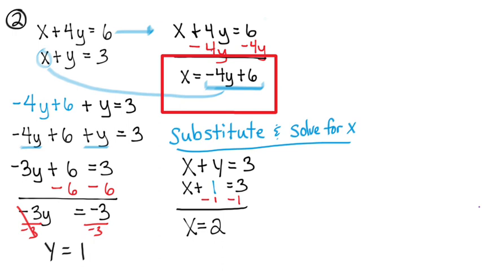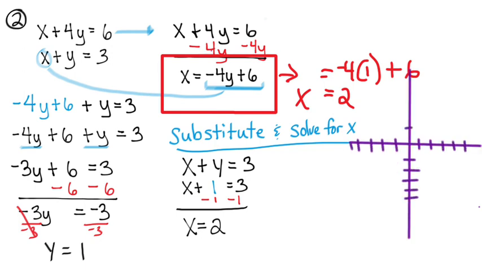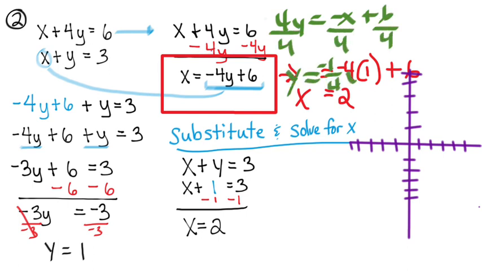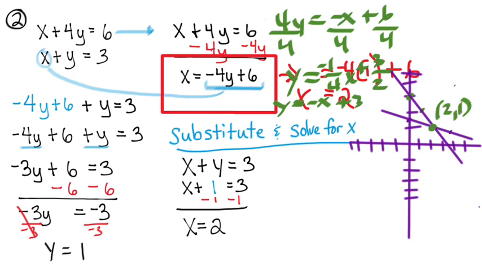Or I could have used this equation right here because it already told me what x equals, and just say that negative 4 times 1 plus 6 would also equal 2, right? Because this always has to be the same. If I graph these really quickly, you would see that they would have the shared solution as (2, 1).